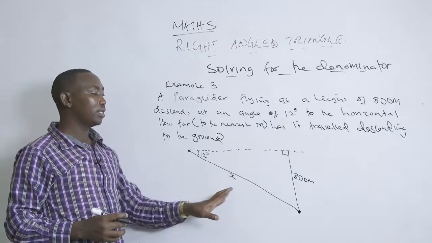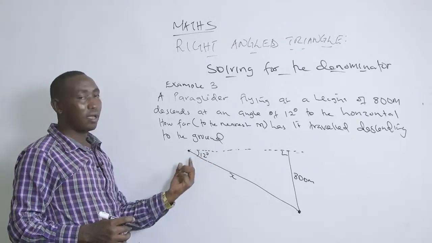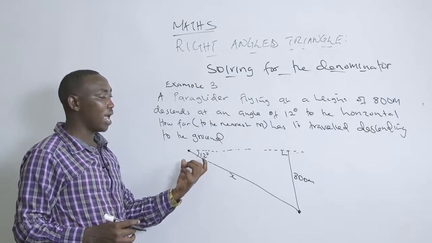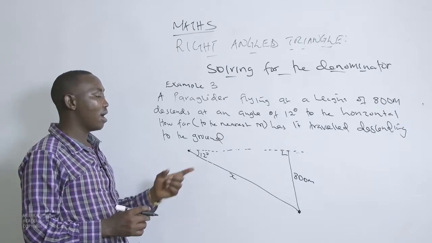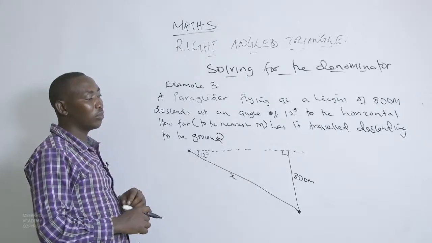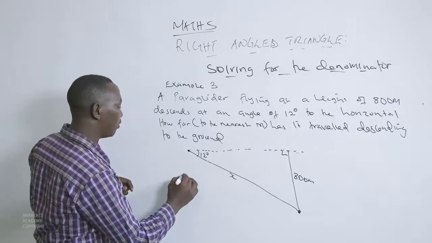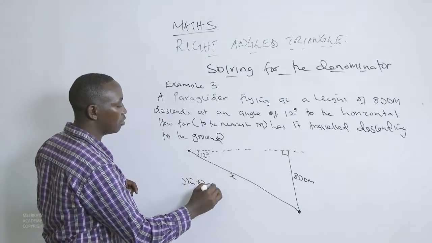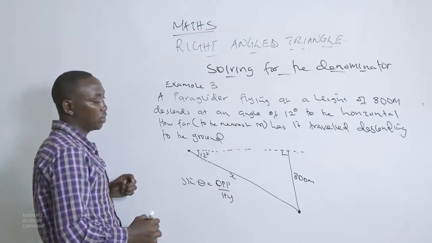The relationship of x to this angle is the hypotenuse, and 800 is the opposite of that angle, and therefore we are going to make use of the trigonometric ratio of sine. Sine of theta is normally given by the opposite divided by the hypotenuse.